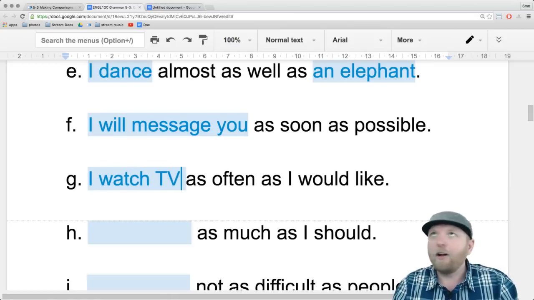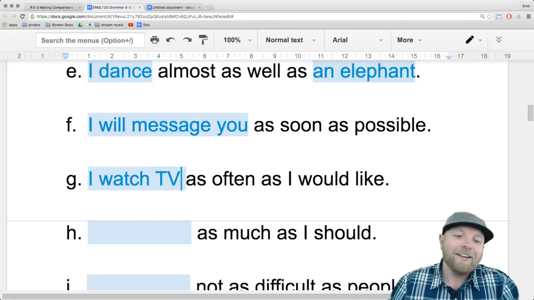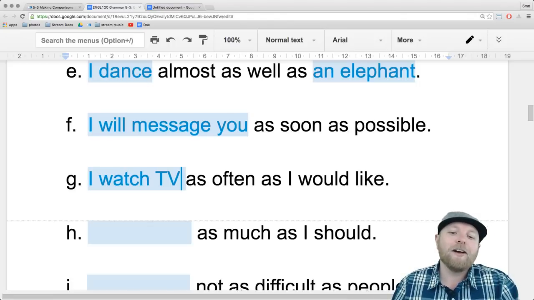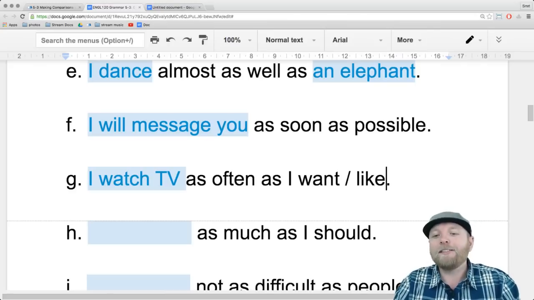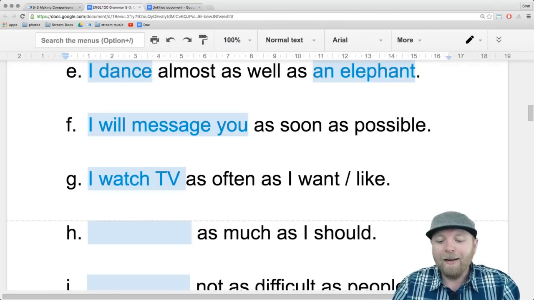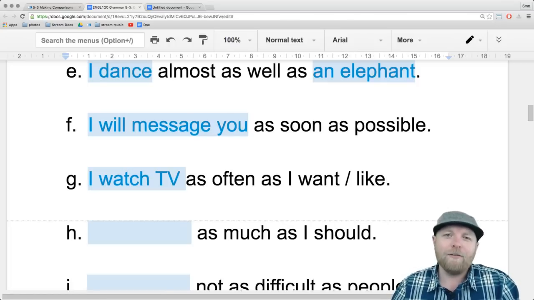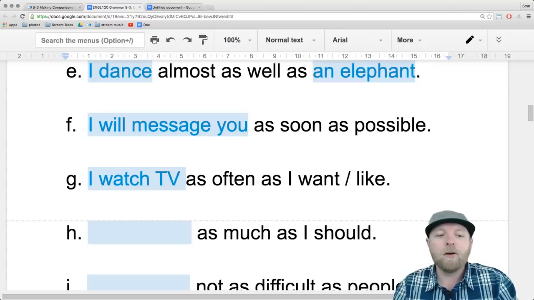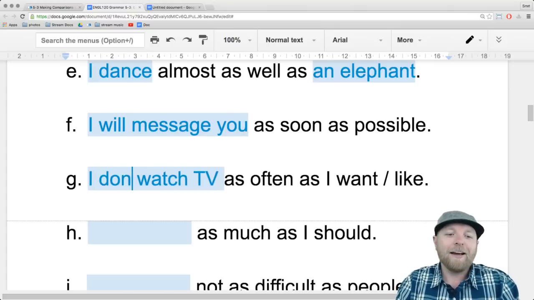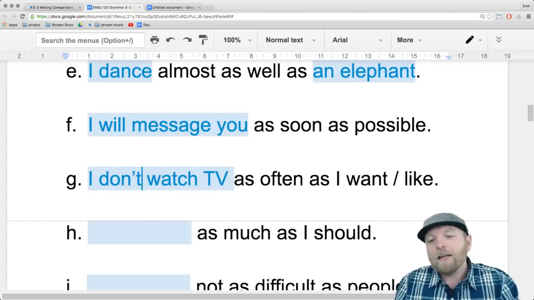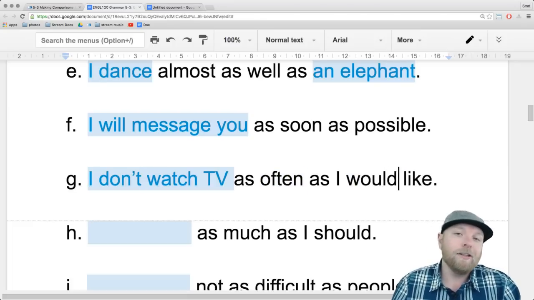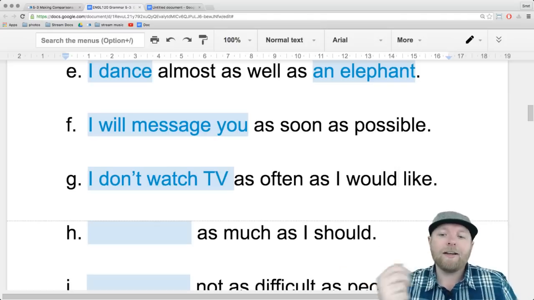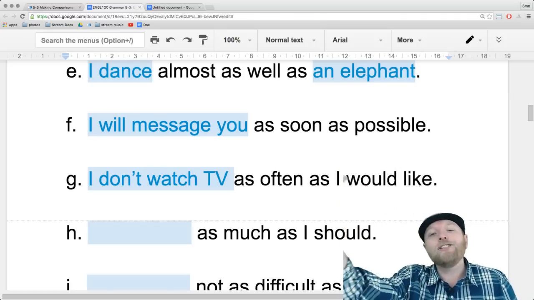If you want to say I always watch TV, you say I watch TV as often as I want or as often as I like. But if you want to say, oh, I don't watch TV, I want to watch TV more in my life, we say I don't watch TV as often as I would like. Would like is kind of like we're imagining.